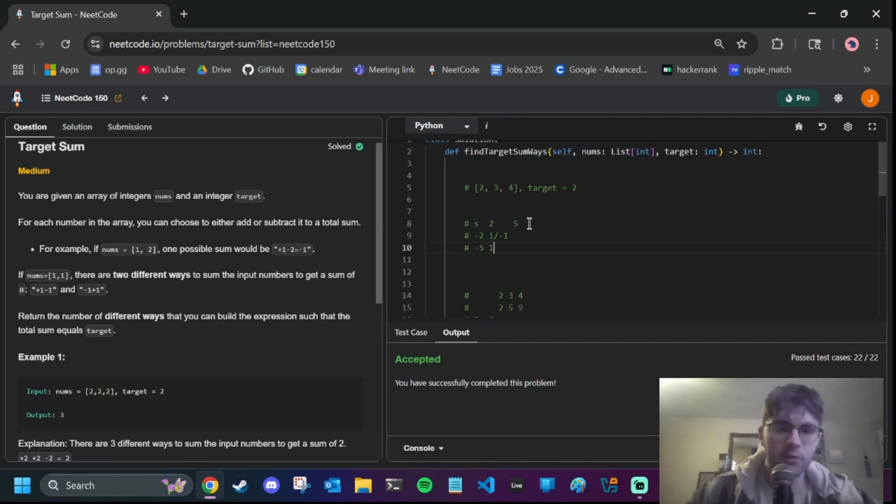Because -5 plus 4. If you were to go positive, negative, negative, it would be -5. So positive, negative, negative. It would be -5 plus, no. Positive would be 2. It would be -5. Yeah, so it's not really symmetrical.